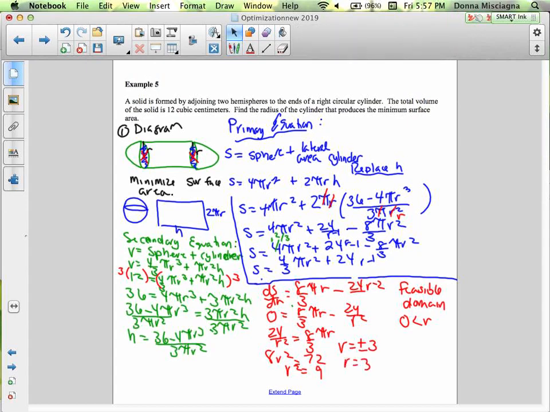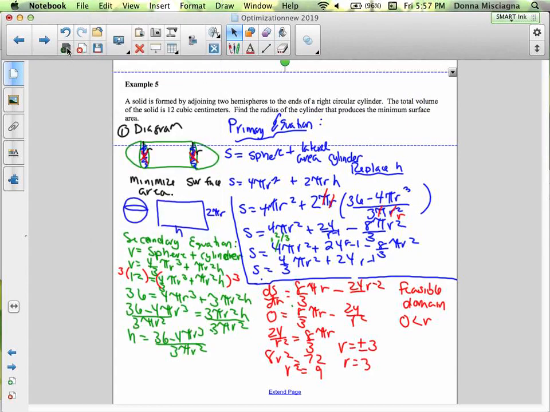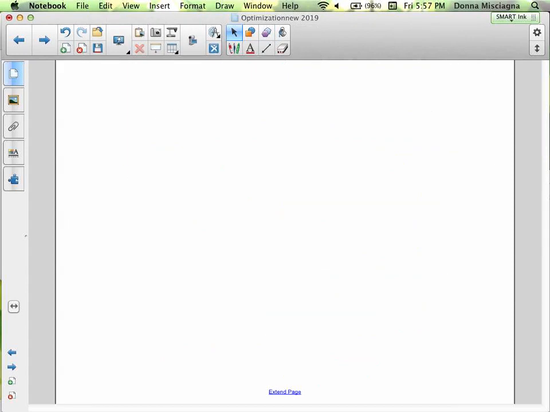I'm running out of space here a little bit, so let's go on to the next page, and I'll just cut and paste this over, and we'll answer the question. So far, r equals 3.